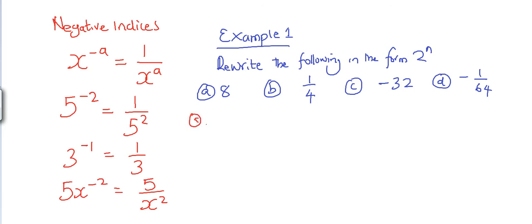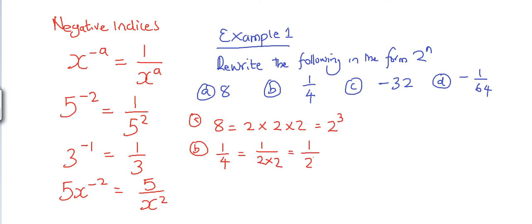Okay, so solutions. A can be written as a product of 2 times 2 times 2, which is 2 to the power of 3. B can be written as, well, 1 over 4 is the same as 1 over 2 times 2, which is 1 over 2 squared.